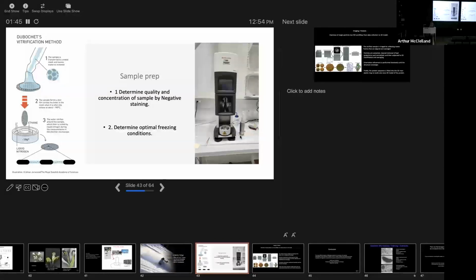Everything is freezing, and things can get damaged very, very quickly with the slightest lack of focus on what you're doing. But basically, we're going to prepare our sample, for which you have determined its concentration and quality, hopefully by negative staining, so you know what is in your test tube.